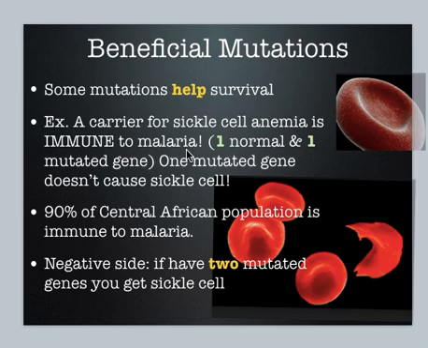And believe it or not, Africa is not the only place. India, Saudi Arabia also have sickle cell, parts of them. It just so happens that if you are a carrier for sickle cell, you have 1 normal gene and 1 mutated gene. Having 1 normal and 1 mutated gene means you are immune to the disease malaria.